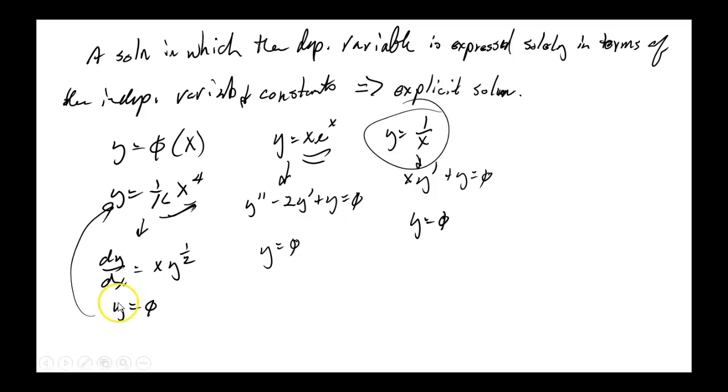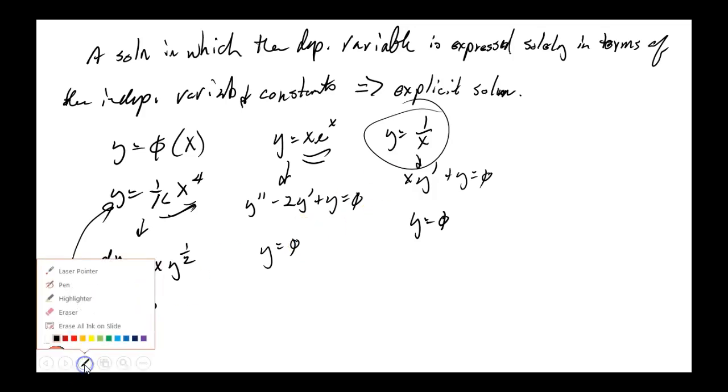Here is your definition then of an implicit solution. Okay? And it's not just one that's not explicit. Here's what it is. Implicit solution of an ordinary differential equation, ODE.